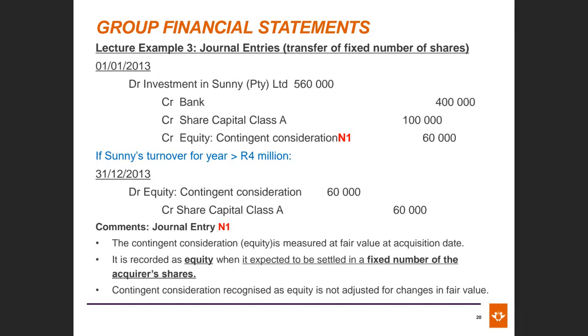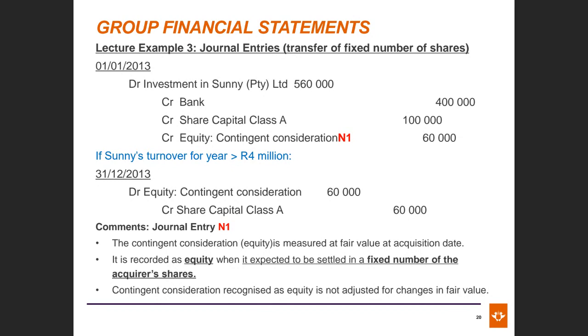So when we looked at the liability, remember we had the liability, and then we calculated the probability, and then a year later, at the end of the year, we fair valued that. It is not the case here because this is expected to be settled in a fixed number of the acquirer's shares, okay? So the contingent consideration is recognized as equity, and there's not going to be an adjustment for a change in fair value, okay?